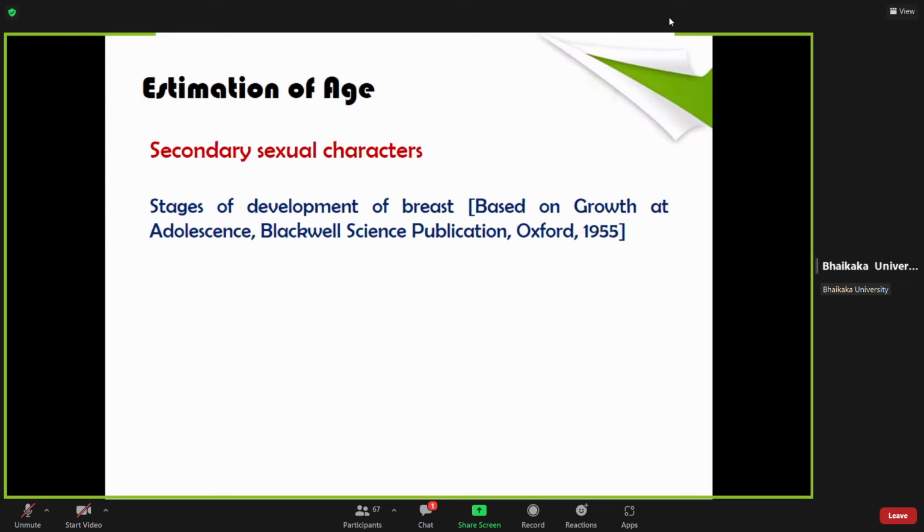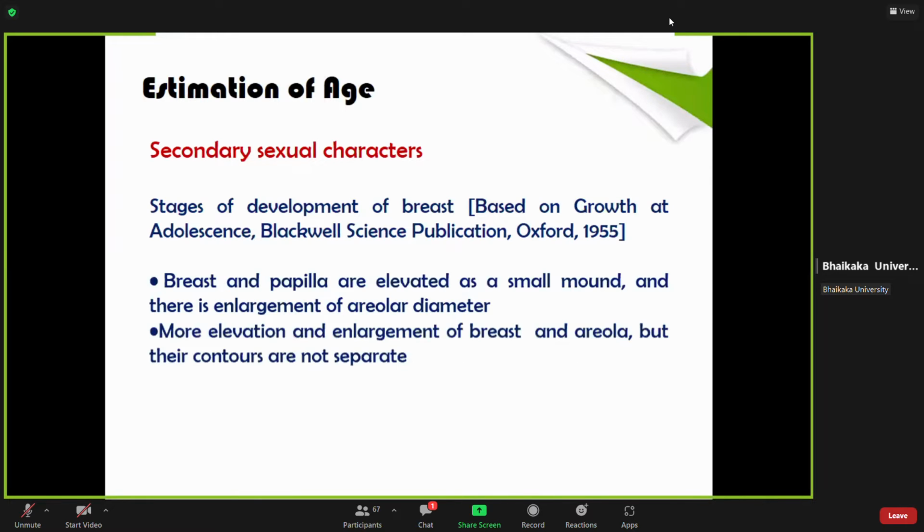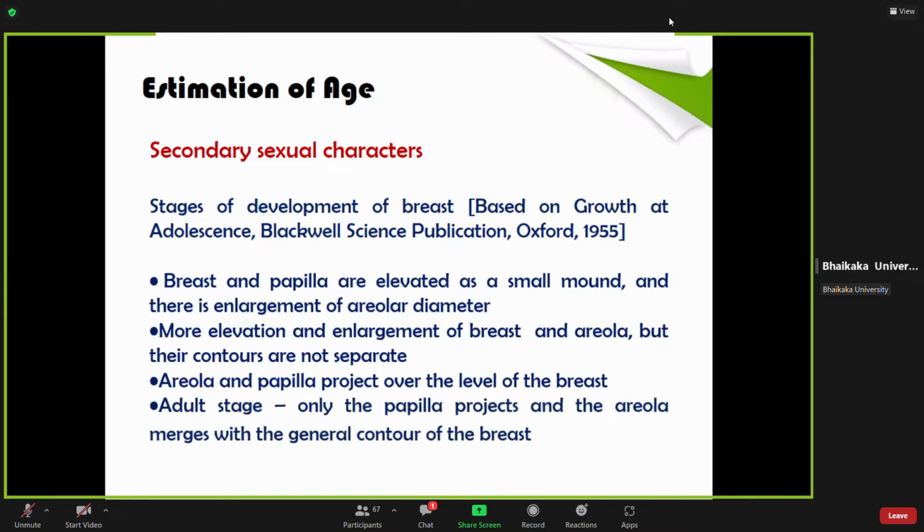The stages of development of breast, based on the growth at adolescence, given by the Blackwell Science publication. 4 stages. In the first stage, there will be breast and papilla elevated as a small mound, and there is an enlargement of areolar diameter.